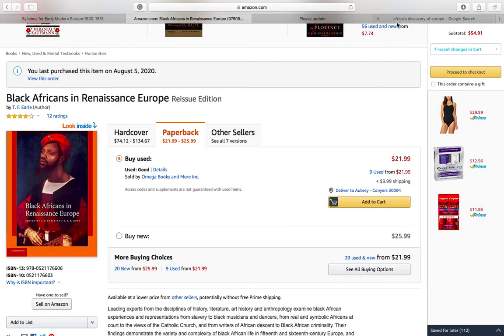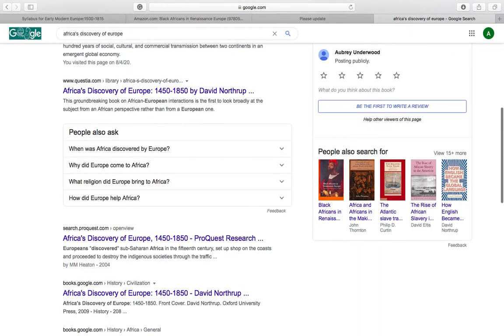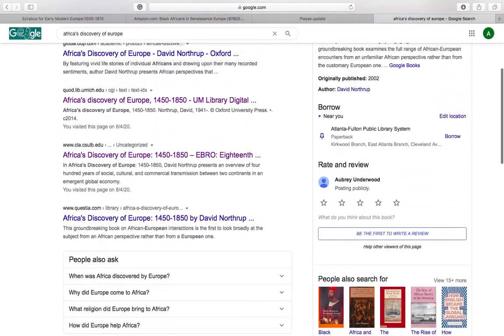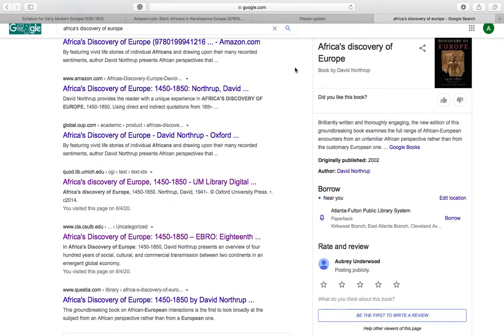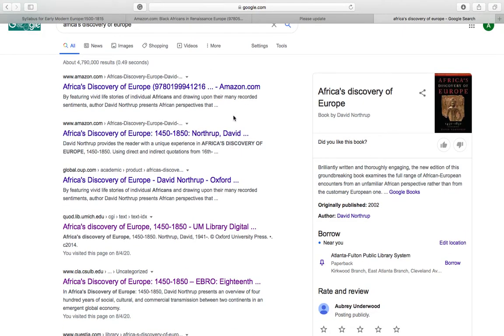The other text, and this is different from what the bookstore has, but this is correctly stated on the syllabus, is Africa's Discovery of Europe by David Northup. Now, there are some digital downloads, and I found a PDF for free, but you can also get it in the bookstore, but Amazon would probably be the easiest way.